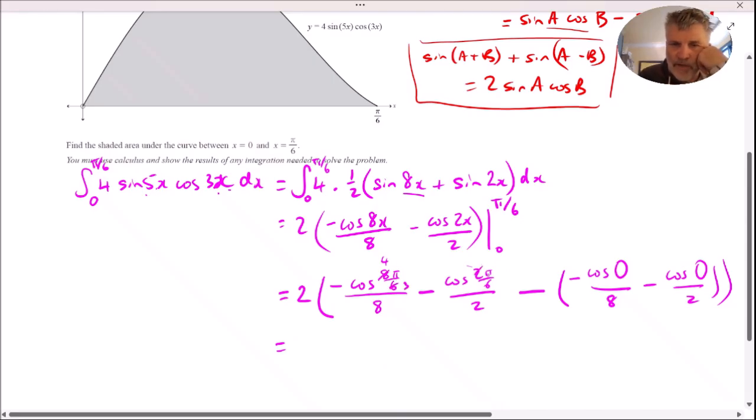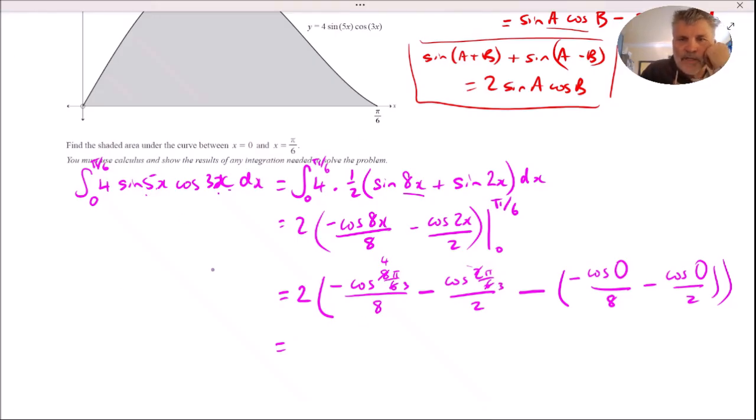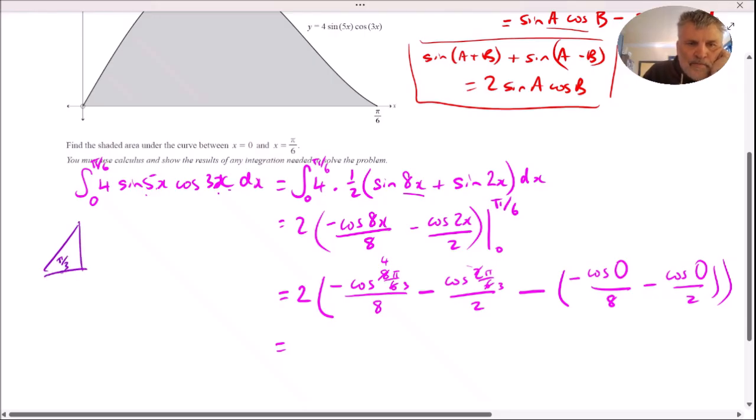You can do that on your calculator. You can get there with just a picture. Pi over 3 is this triangle, so cosine of pi over 3 is root 3 over 2.